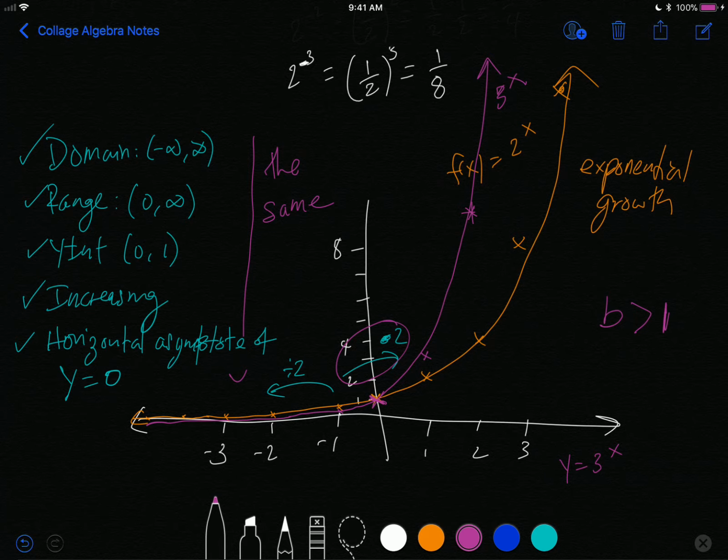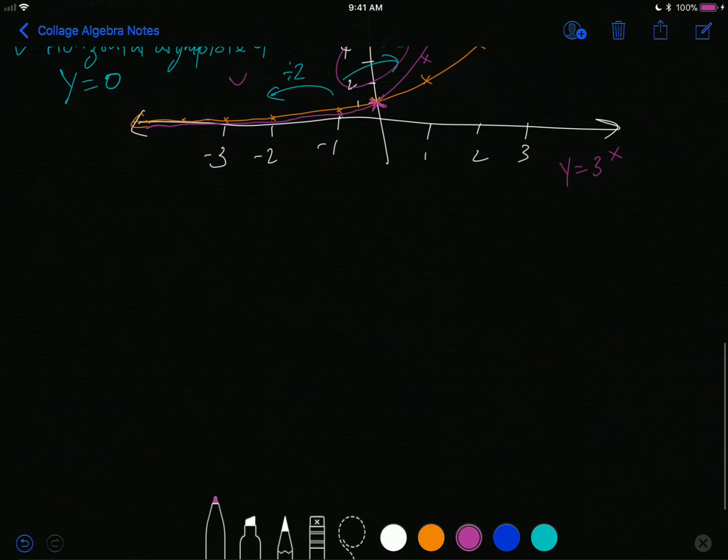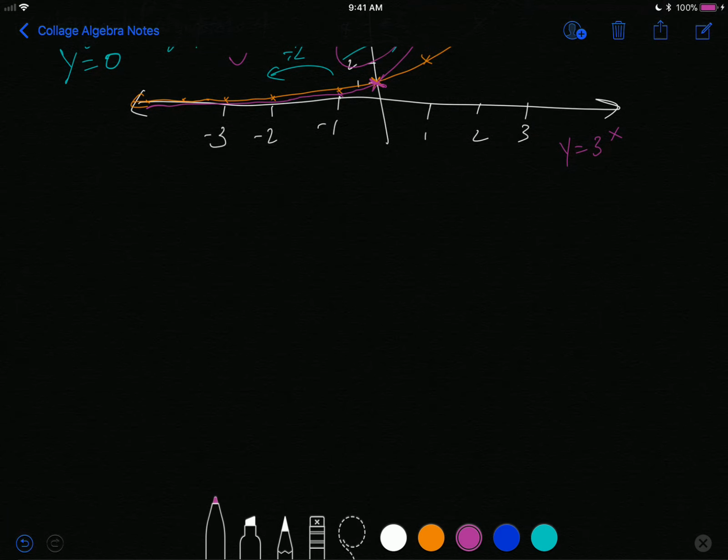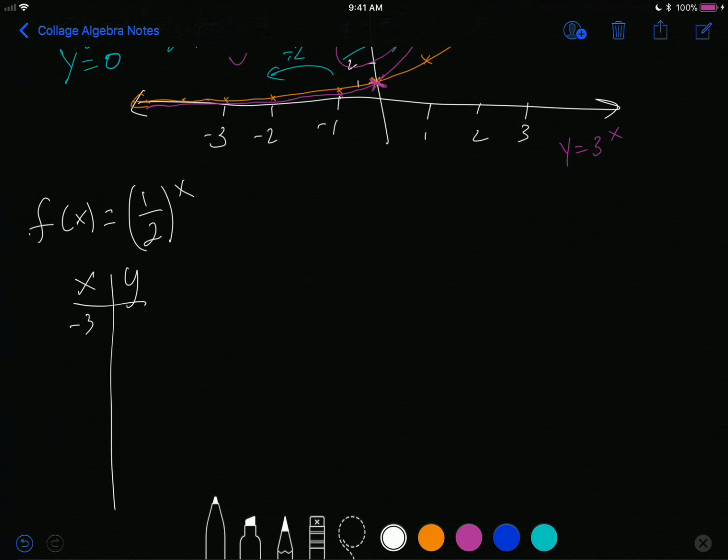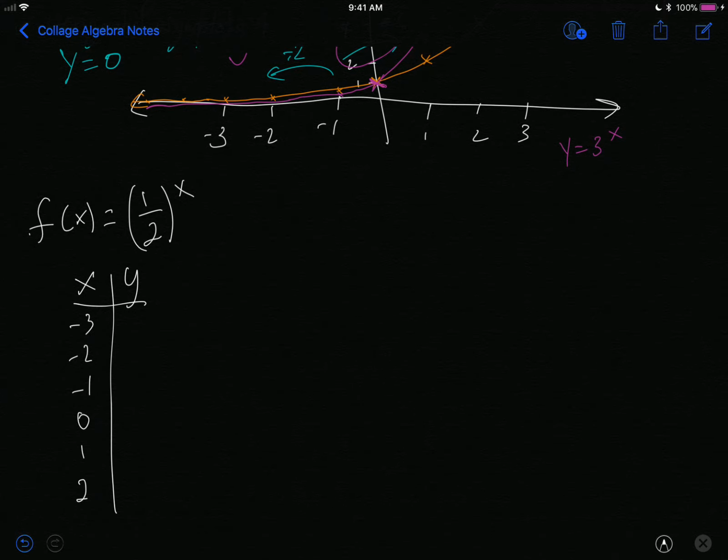So, can I get these functions to shrink? Can I get these functions to get smaller? And the answer is yes. If I choose a base that is a proper fraction, my graph will actually not grow anymore. Table of values, x and y: -3, -2, -1, 0, 1, 2, and 3.